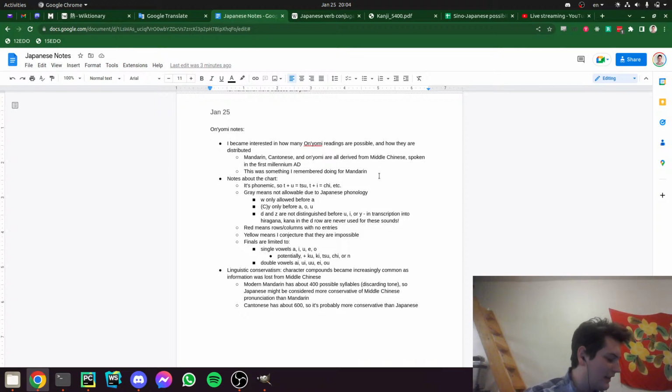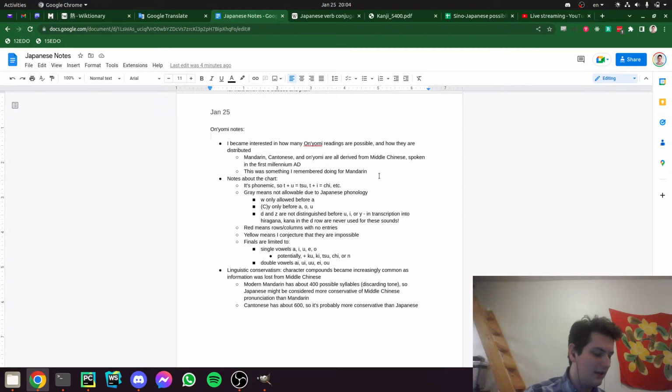And in fact, looking at the number of possible readings of characters is something I remember doing when I was learning Mandarin. In Mandarin, if you ignore tone, which is probably unwise to do, there are about 400 possible readings of characters. The reason it's not wise to throw out tone is because there are plenty of pronunciations that only occur in a particular tone.